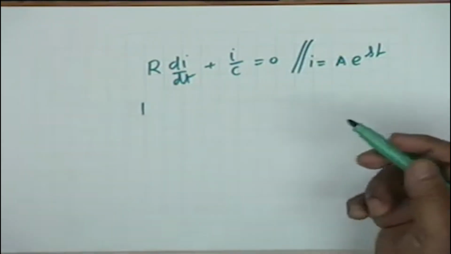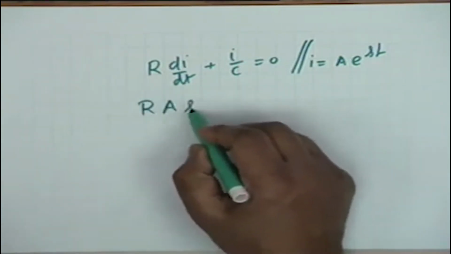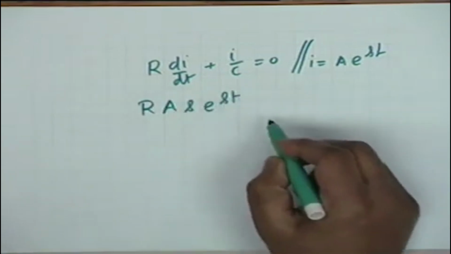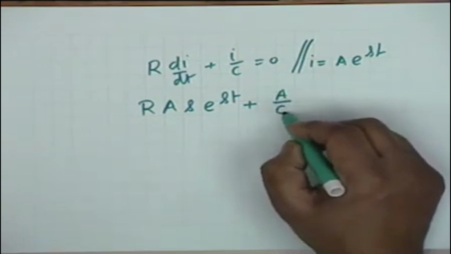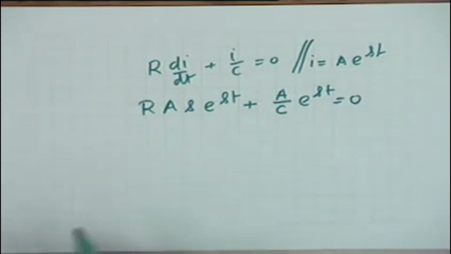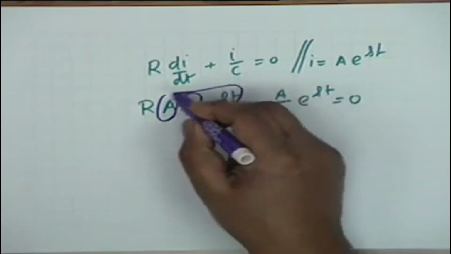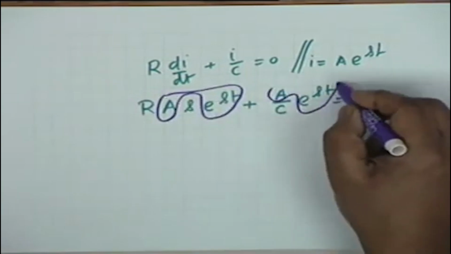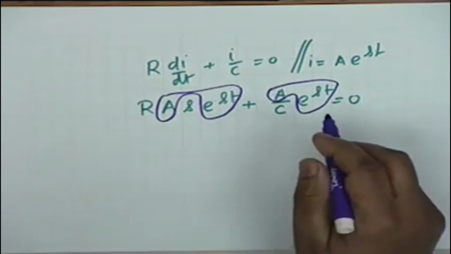We try a solution of this form, then I get R A s e to the st plus A by C e to the st equal to 0, where A e to the st cannot be equal to 0, because this is the form of the solution.